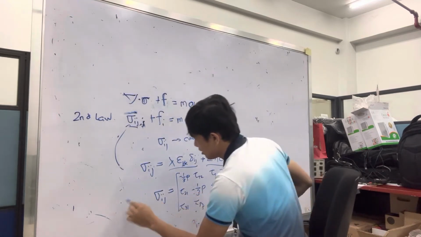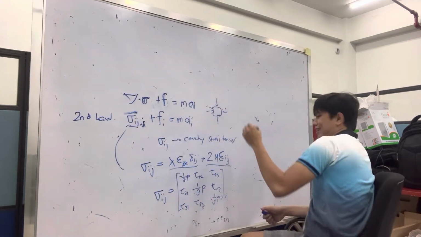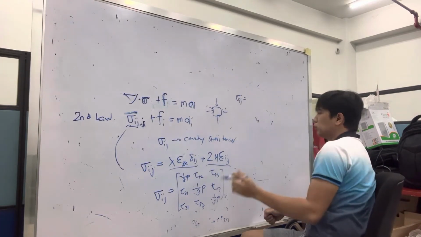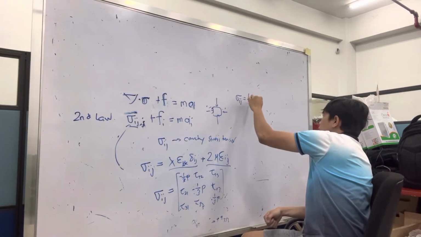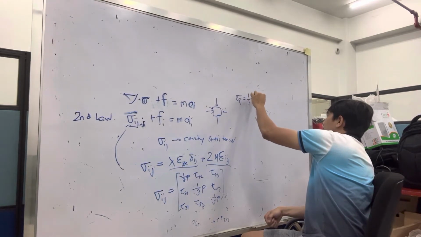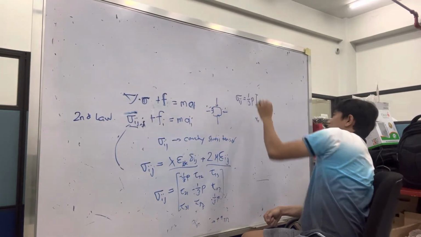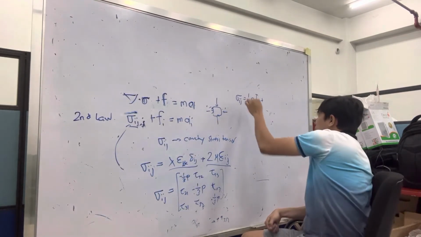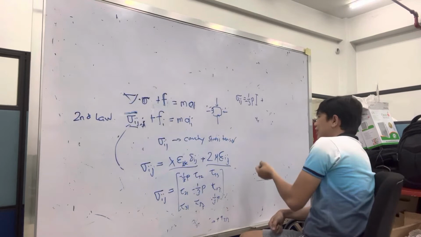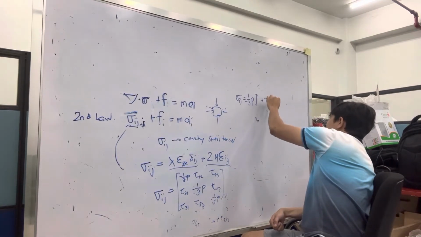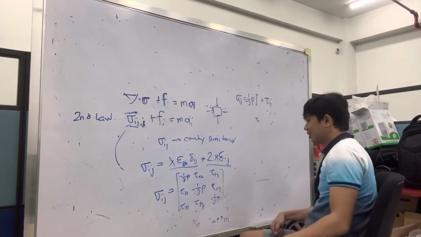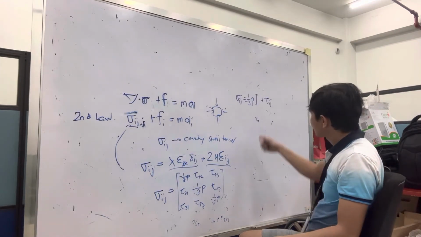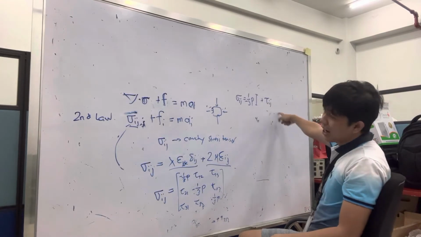So, basically, pwede mo rin sabihin na sigma ij would be simply equal to -1/3p tapos identity matrix plus yung deviatoric na component. Ay yung tau ij pala.